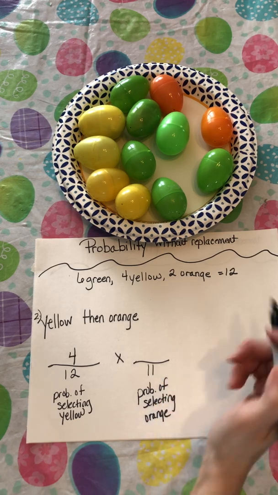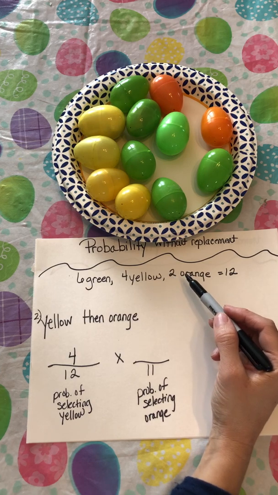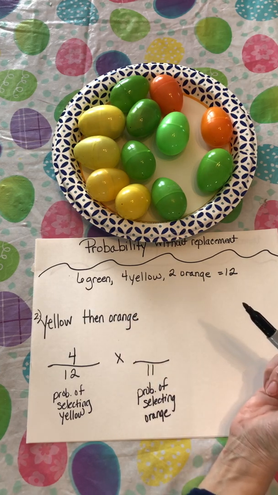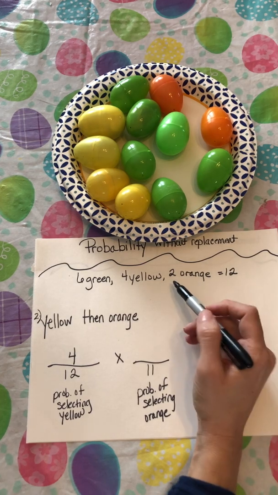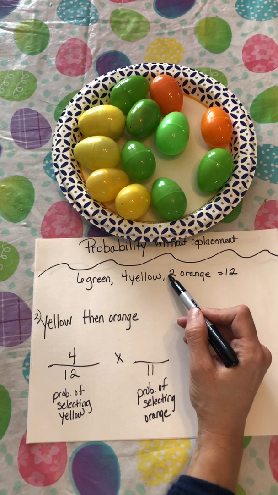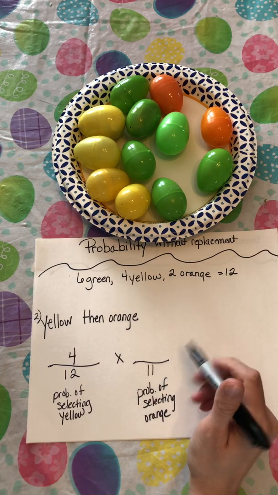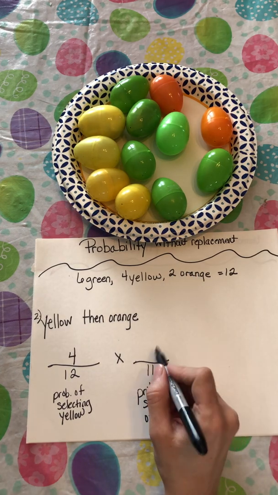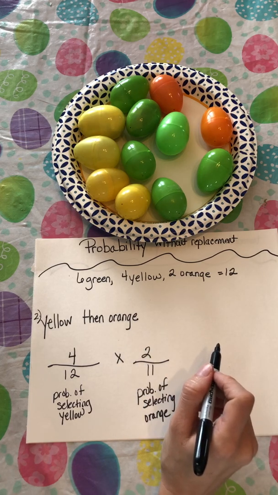It shows we have 2 orange. That will not change because in our first selection, we had yellow. For our second, we will still use the amount of orange in the container. The denominator is the only one that changes when we are doing without replacement. So we will still have 2 orange.